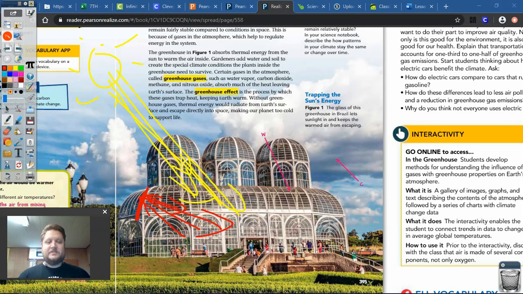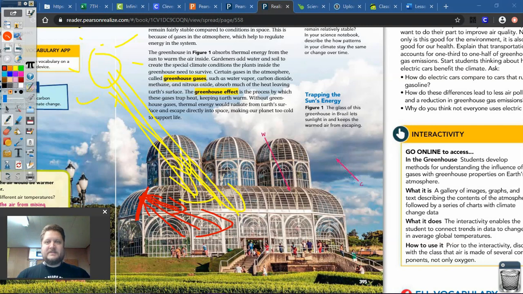All right, the gases are being trapped, the heat is being kept in, and whatever is underneath the area which is trapping the heat, right? In this case, the glass. If we were talking about the Earth, that would be our atmosphere. That is trapping the heat underneath it.